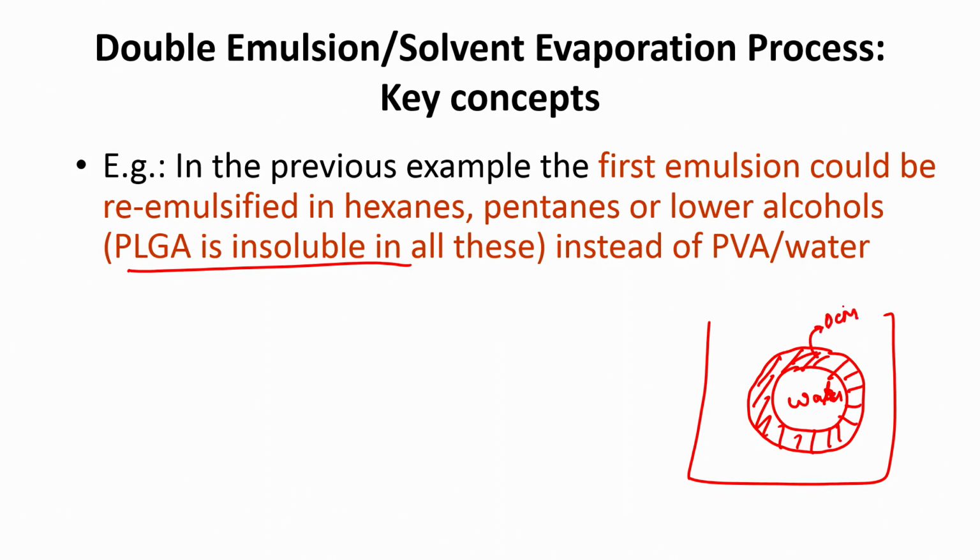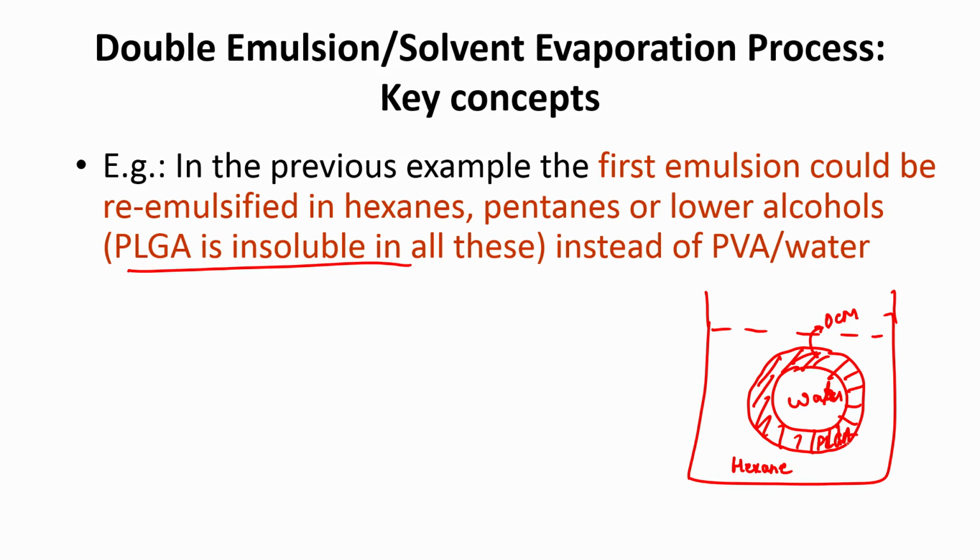Now, if I know that DCM and hexane are immiscible, that is they are not going to mix, then what I can do is add this to a solution of hexane, which will not solubilize my PLGA and which is not going to mix with DCM. So, this can technically still result in an emulsion as well as particles.